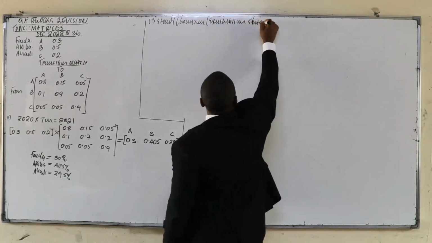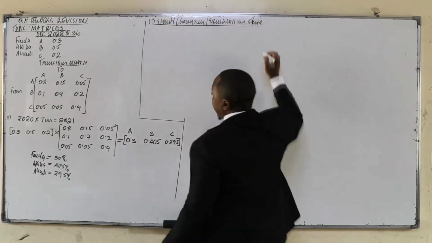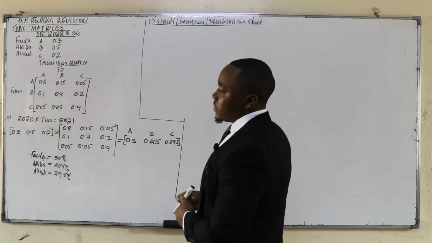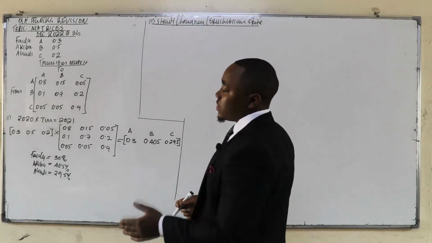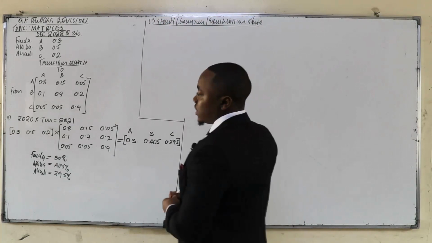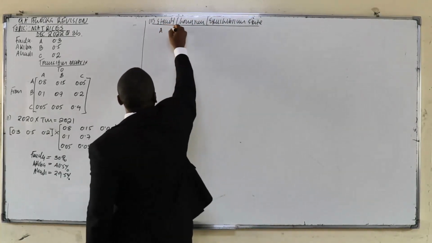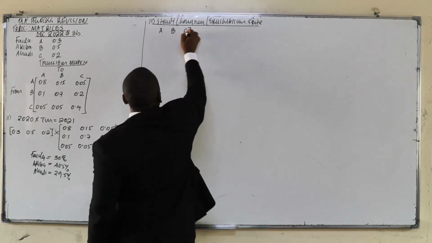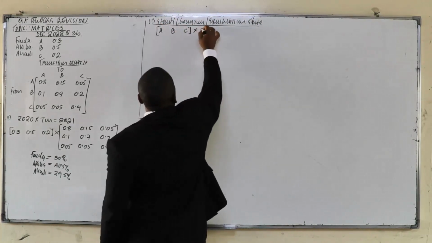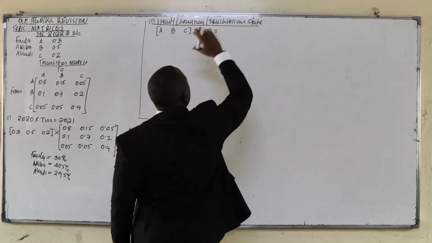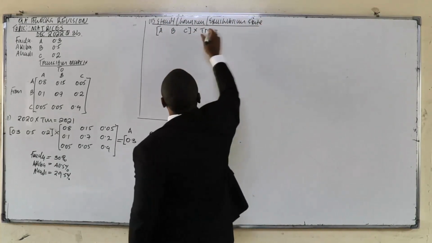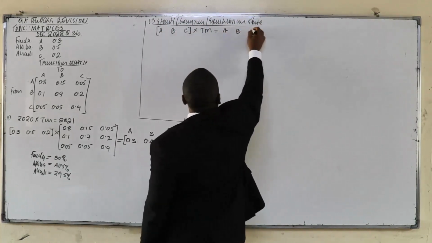And you see that these are states whereby the current state and the future state are the same. That means the transition matrix has no effect on the current state. Therefore, if you take the current state A, B, and C, you multiply by the transition matrix, you go to the future state, which will be the same as the current state, A, B, and C.